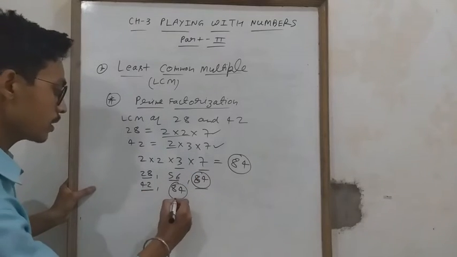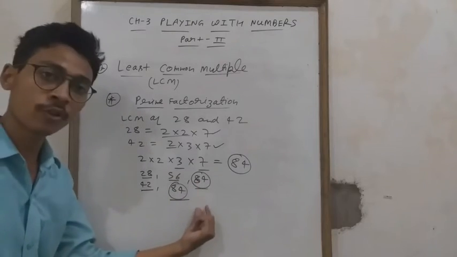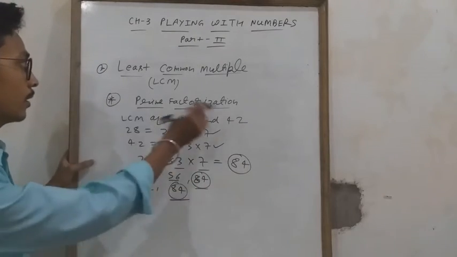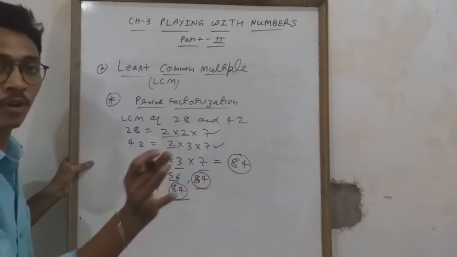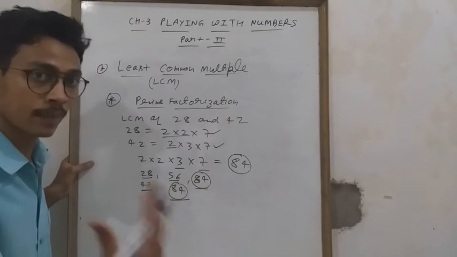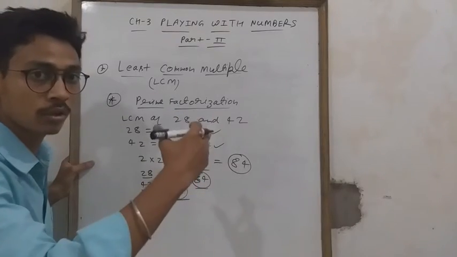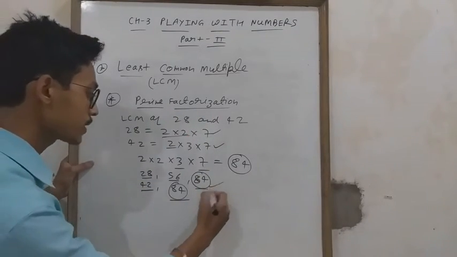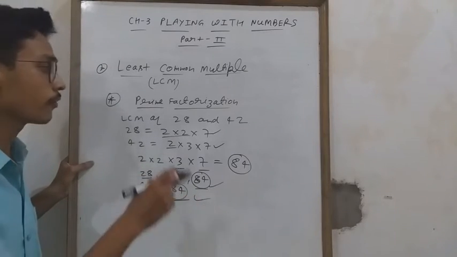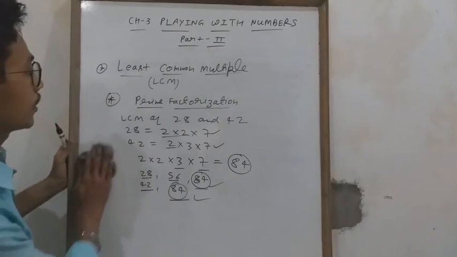Here 42 times 1 is 42, 42 times 2 is 84. Clear? So 84 will be the least common multiple of 28 and 42. And if you want another common multiple of these, then further you have to go. Clear everyone? So 84 is the least common multiple of 42 and 28. Clear everyone? So this is our prime factorization.